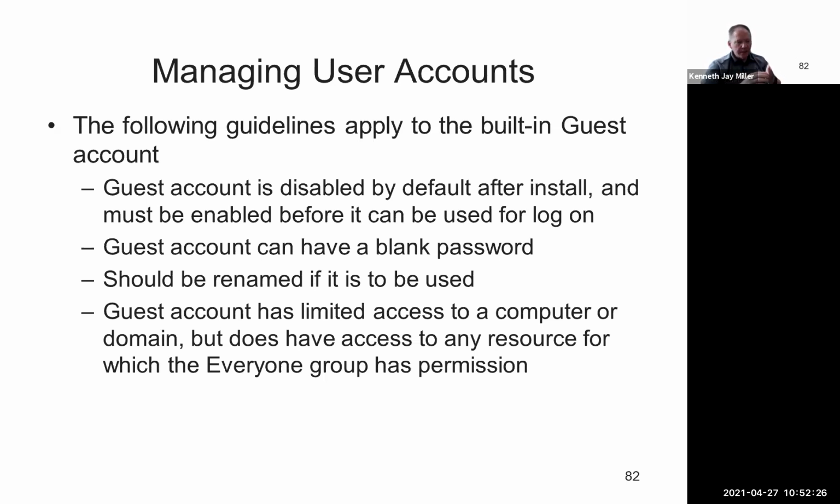We don't want to accidentally find out someone was able to read something they shouldn't have been able to read, for security reasons, or HR reasons, or whatever it is. So you want to err on the side of caution. Be more restrictive, and then you can add permissions later.